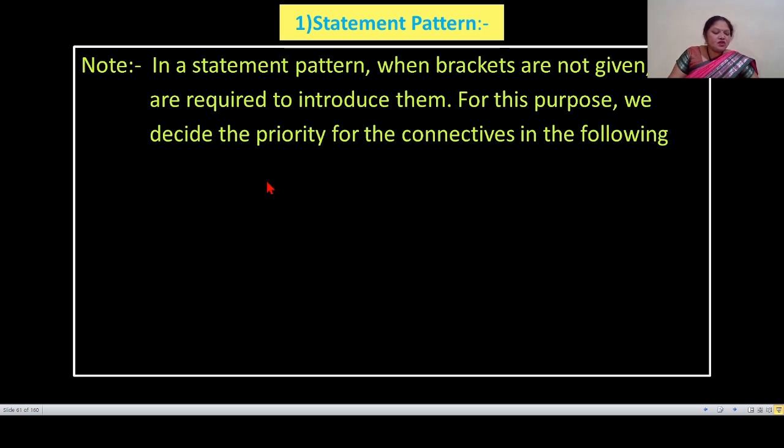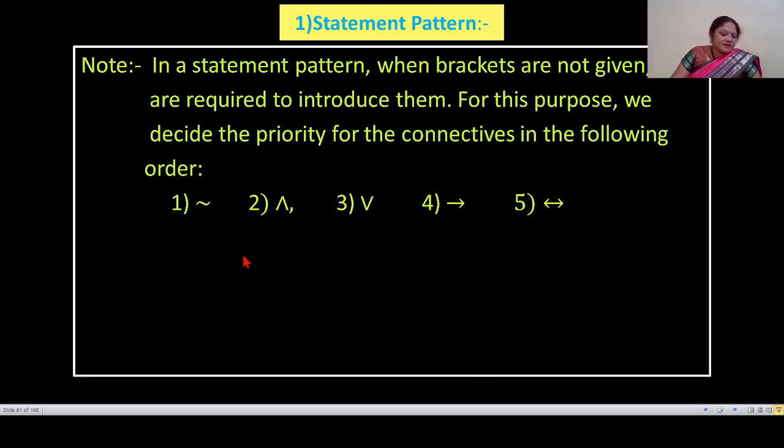That means when there is no bracket in the statement pattern, first put brackets for negation, then conjunction, next disjunction, implication, and after that double implication. Now let us see an example.